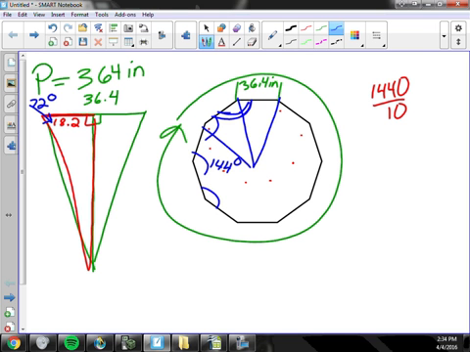Now I have everything I need in order to figure out the height. So you could use trig. Here's theta. You could use trig to find this side, or you could use it to find this side. It doesn't really matter. It depends on whether you want to use 1/2 base times height, or 1/2 AB sine of C, because they'll both work.